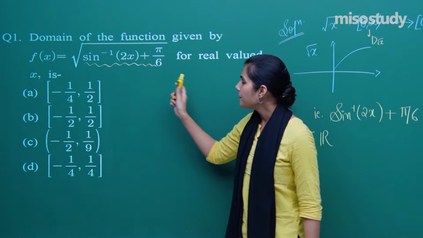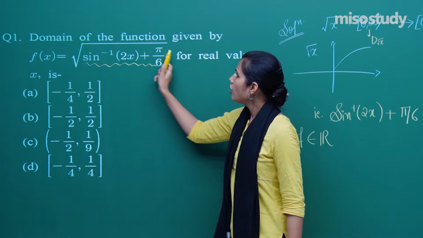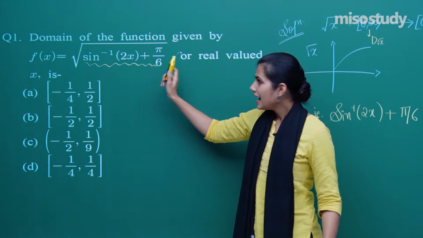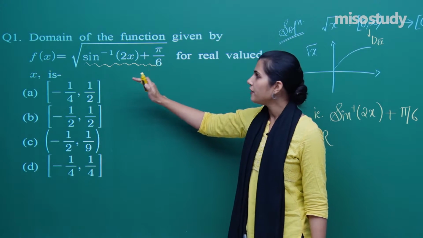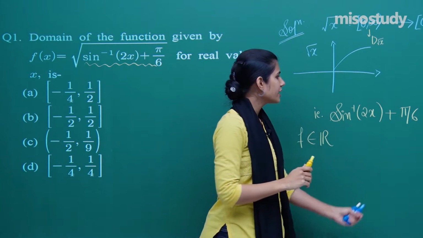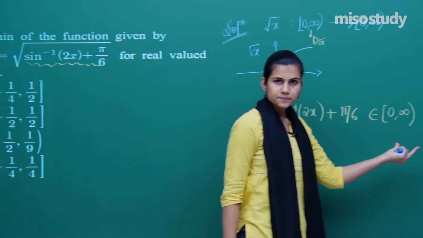And that can only happen when the under root of this expression is valid, and this is valid only when the input of the root function belongs to 0, infinity.